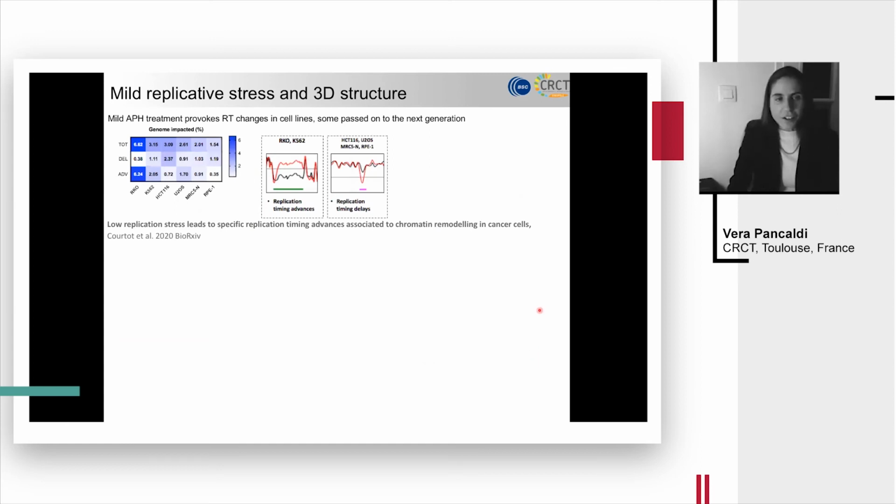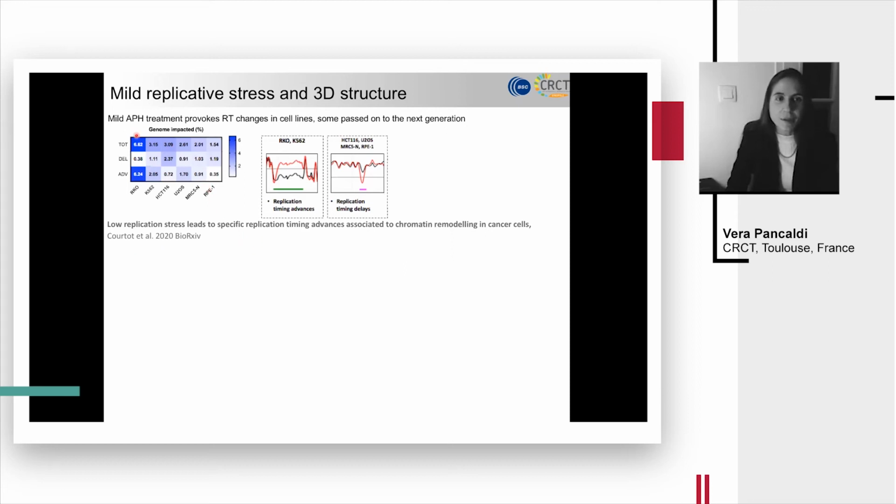Okay, now another question that started bothering us was that, as I said before, in our replication study we had used mild replicative stress to reactivate origins that might have been dormant in the wild type. But we recently performed an experiment with Lila Pourtot, who just defended her PhD thesis in the lab of Valérie Bergoglio here at the CRCT in Toulouse.